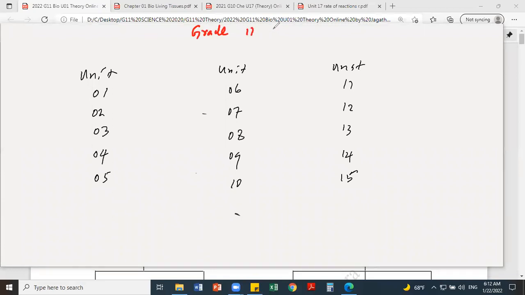Grade 11 science, first term: units 1 to 5. Here is the second term, and this is the third term. Anyway, the government schools are going to start the grade 11 first term on the 18th of April.